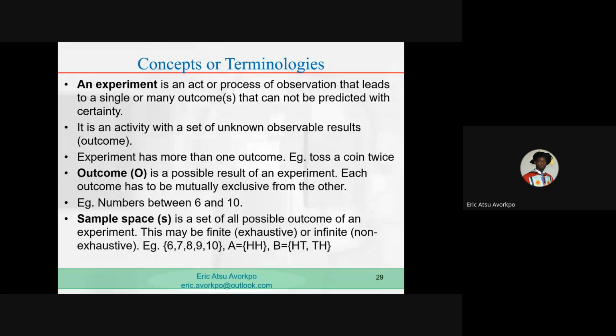When we say mutual exclusivity, what do we understand? When we toss a coin, for example, and we expect either a head or a tail, we are saying that the occurrence of one should mean the absence of the other.